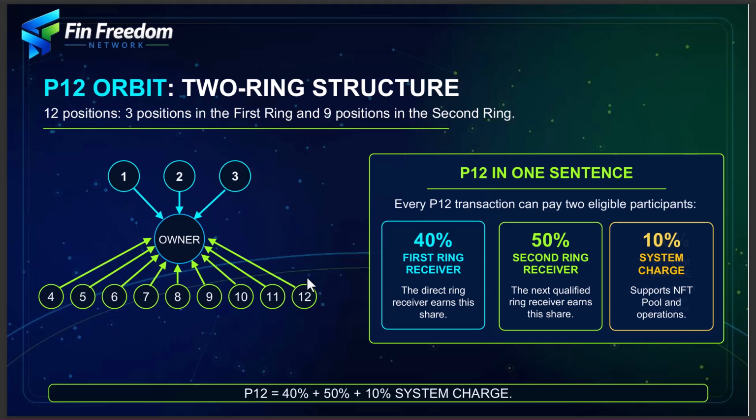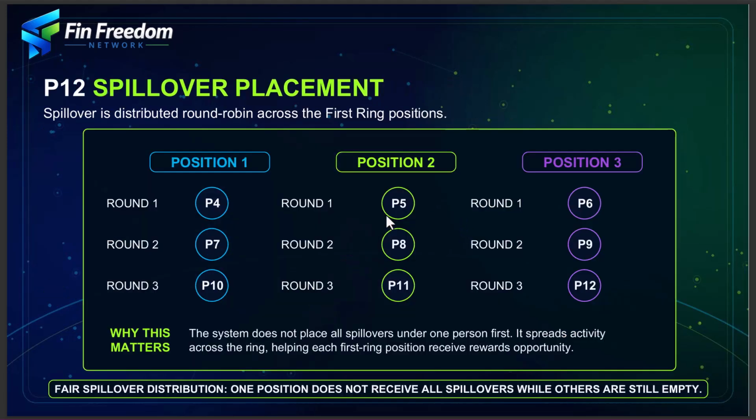On the second ring, you are going to earn 50% on all the positions, and then 40% will go to your partners. Then 10% of each of these positions will go to the NFT pool. Do you understand? That is how it works.